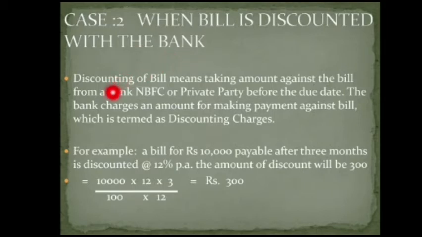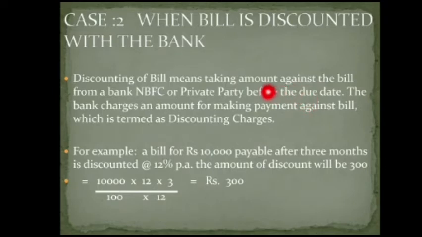Students, do you know what is discounting of a bill? Discounting of a bill means taking an amount against the bill from a bank, or a non-banking financial company, or a private party before the due date. The bill has a specified date mentioned, which is its due date.